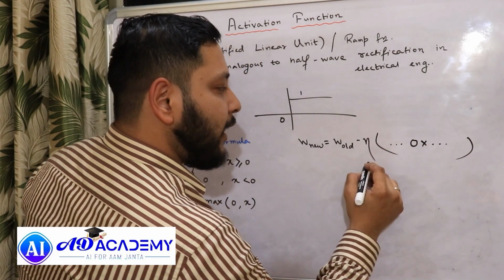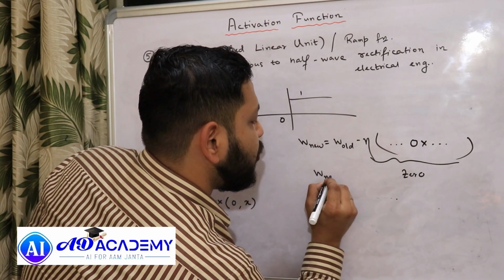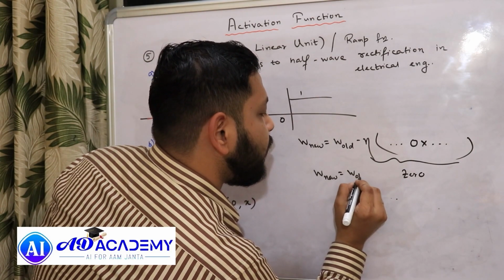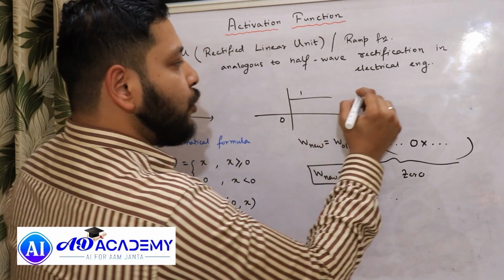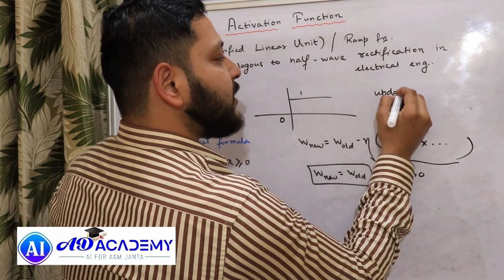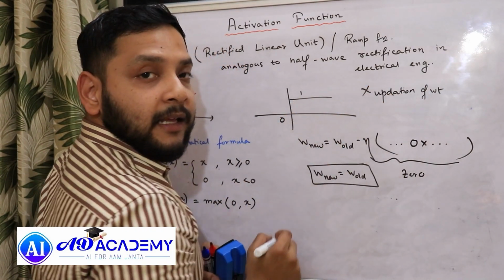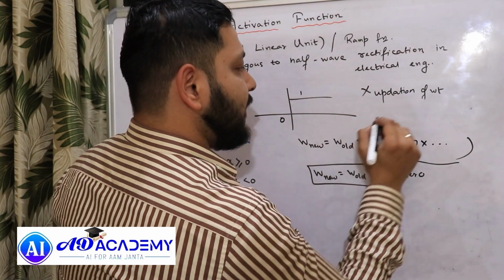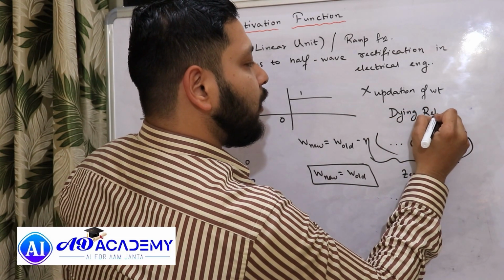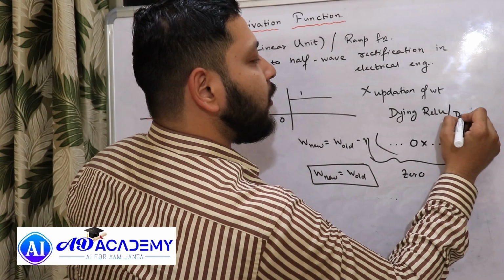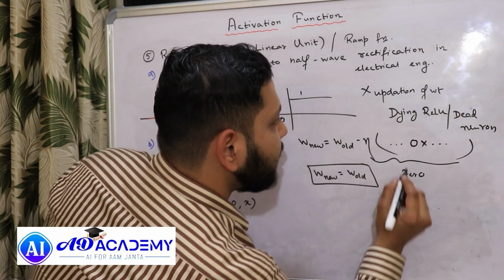Then whatever the other values are, this will give you 0. As a result, w new equals w old, and thus no updation of weight takes place. In this scenario we call it dying ReLU or dead neuron. This is a disadvantage.